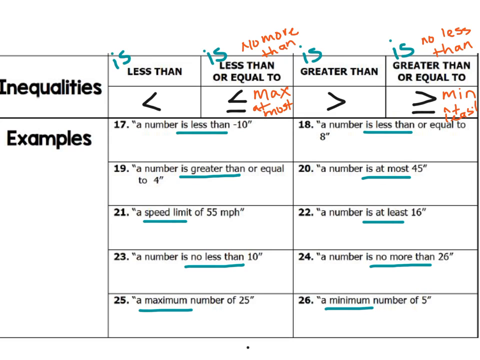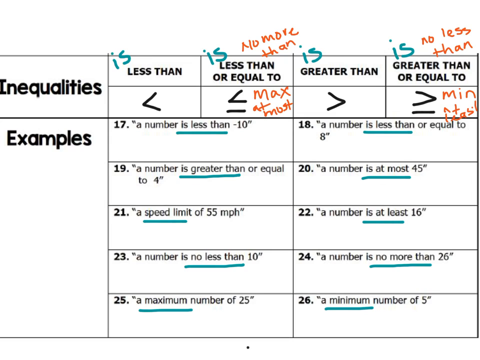And then is greater than or equal to, that is still to the right and it has that line under it. And the 3 other phrases that mean the same thing is no less than, a minimum of, and at least.